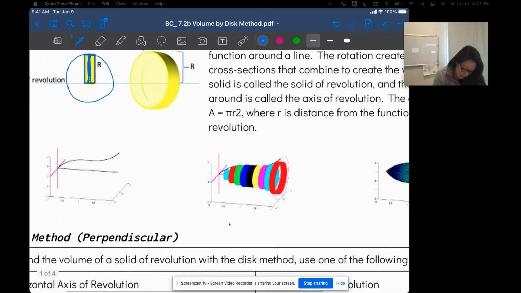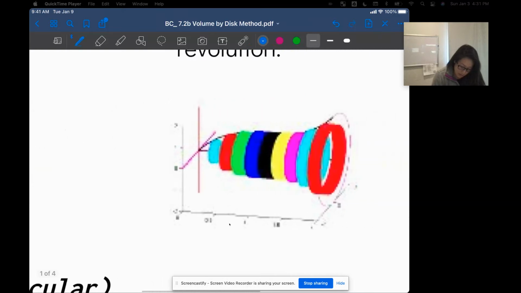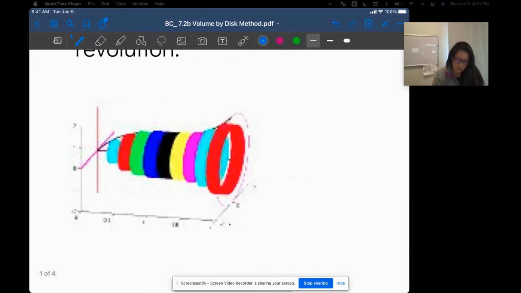So what we can see here is this. We have the distance between two curves. I'm going to rotate it around this axis of rotation. And if I do this infinitely many times, I end up with something that looks like this, right?